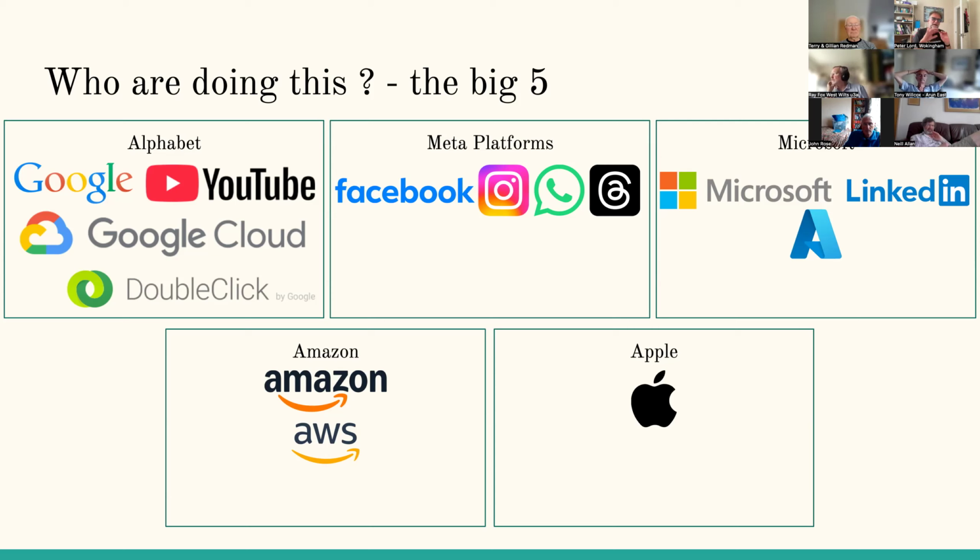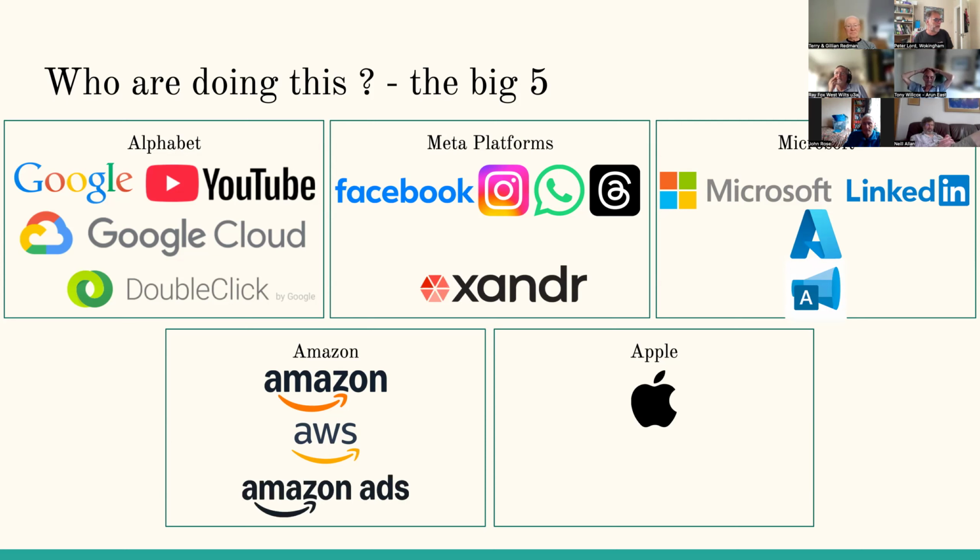If you go onto a website, you might see it flash by when it's sending information up to the real-time bidding system or downloading an ad for your desktop. Meta have got Xandar, I think that's how you pronounce it. Again, they purchased it, used to be an independent company. Microsoft have got, I think they call it Microsoft Ads. They might call it Azure Ads, I'm not sure. Amazon have got Amazon Ads. There's some novel naming schemes come up here, and Apple have got Apple Ads.